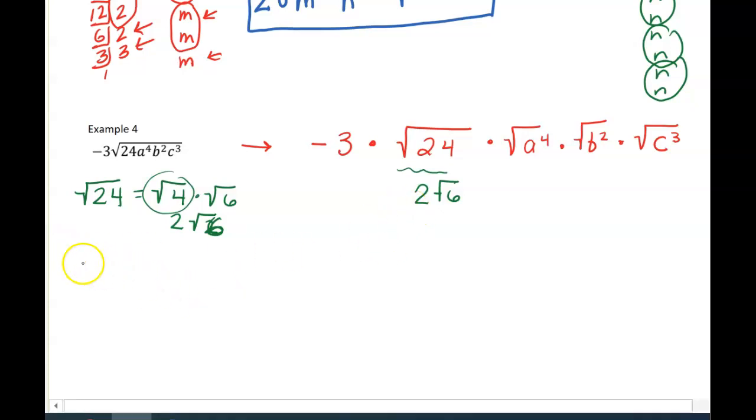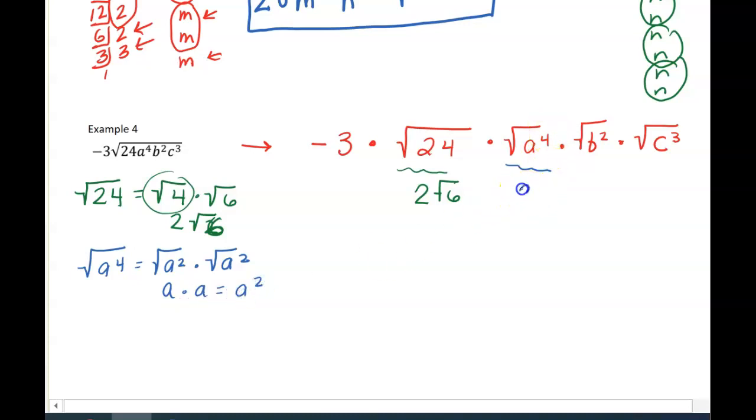The square root of a to the fourth is just the square root of a squared times the square root of a squared. The square root of anything squared is just itself, so this is a times a, which is a squared.